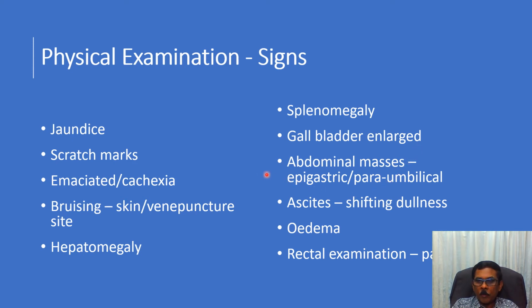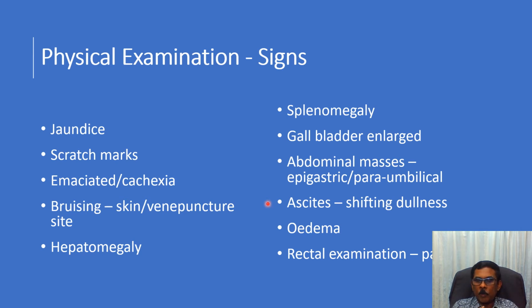Patients can have abdominal masses, so it's very important to carefully examine the patient: liver masses, gallbladder masses, and masses around the lower epigastric or right paramedian area for pancreatic head lesions.